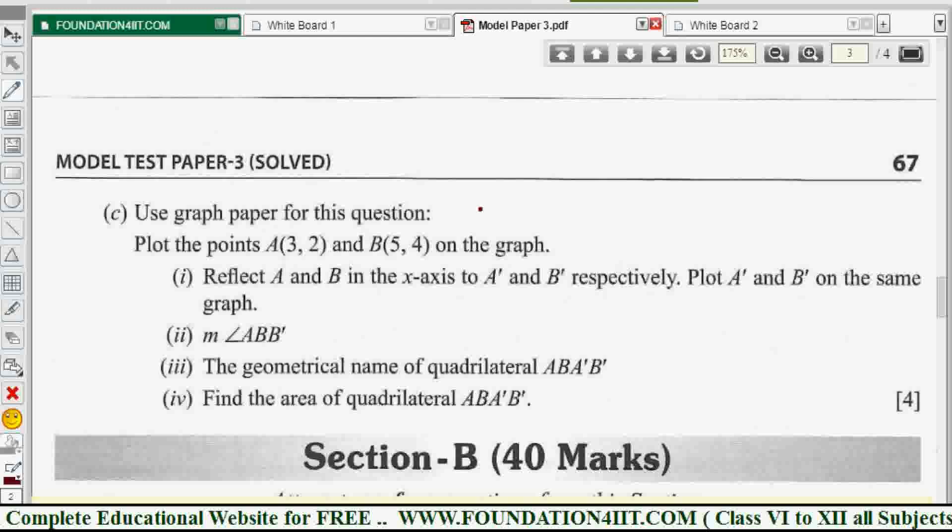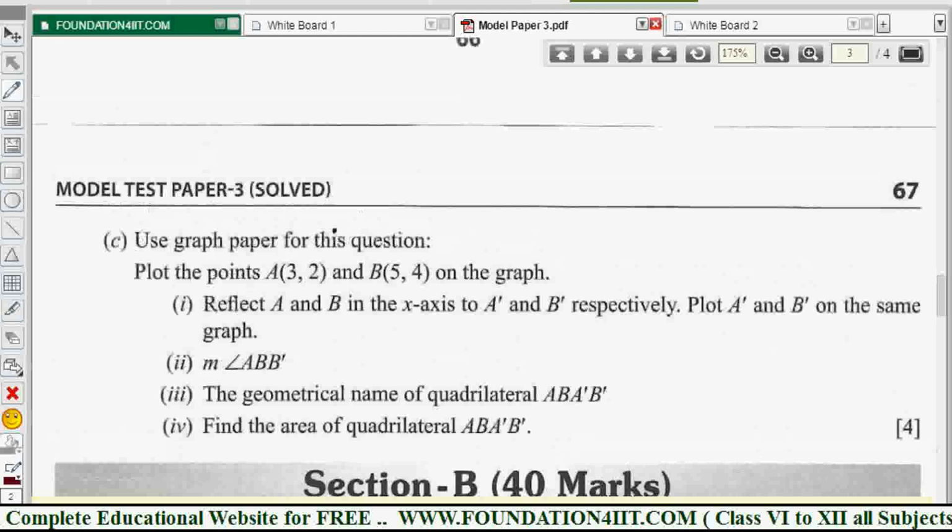The fourth one: use the graph paper for this question. Plot the points A (3, 2) and B (5, 4) on the graph. We need to do reflection of A, B on the x-axis, giving A dash and B dash respectively. Plot A dash and B dash on the same graph. Then find the angle ABB dash, the geometrical name, and the area of the quadrilateral.